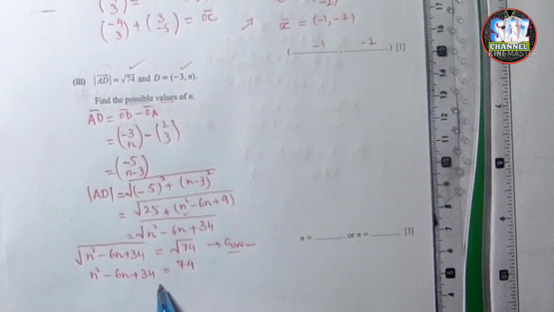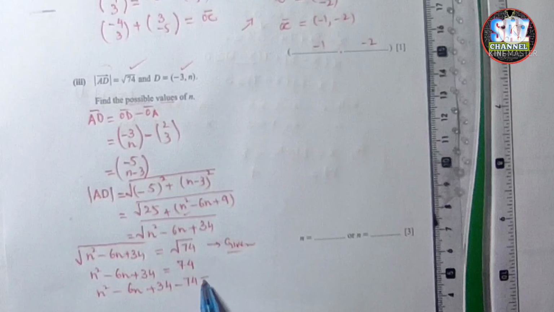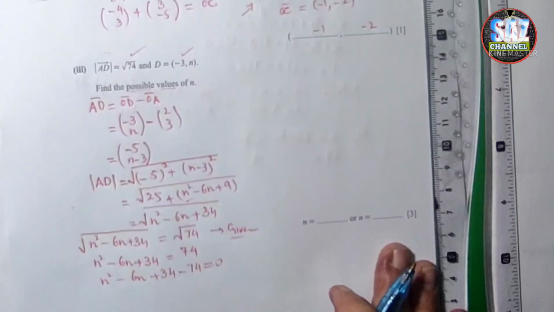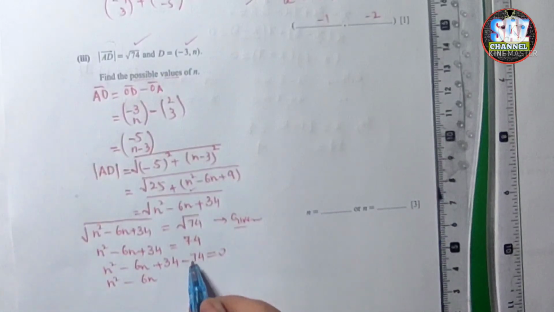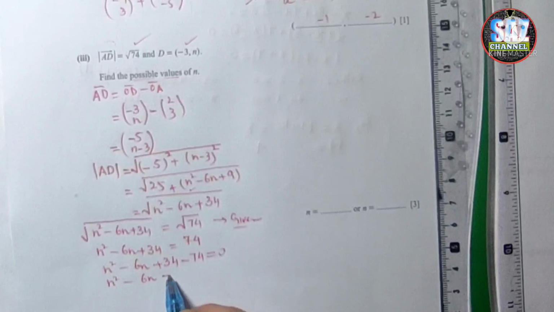As we need to make the quadratic equation, it's better to shift 74 to the other side. n square minus 6n plus 34 minus 74 equals 0, and this will take the form n square minus 6n minus 40 equals 0, if I'm not wrong. 74 minus 34 is 40.